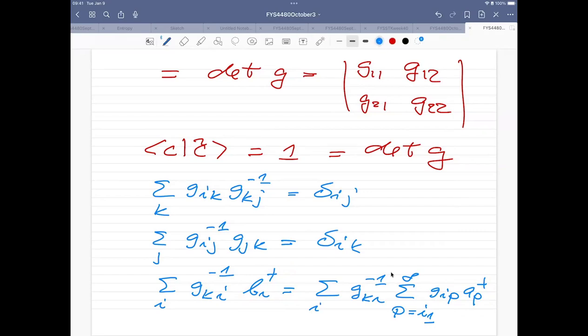So when we now use the properties of a determinant here, and these specific normalization conditions, we can rewrite this one as follows.